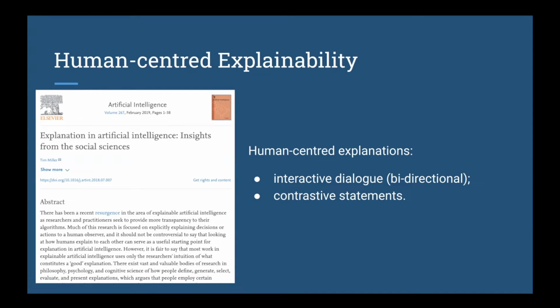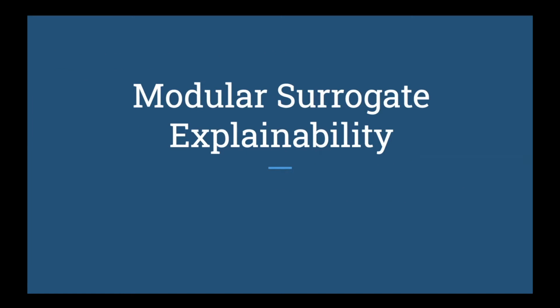You could have seen a contrastive statement in the previous slide, where the explanation said, had the humidity been low, then the person would have liked the weather better. So that should give you a summary of what explainability is all about in machine learning.